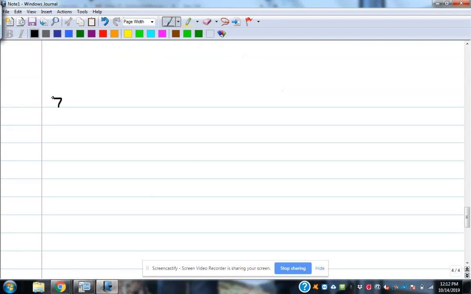Number 7. 4x squared minus 8x plus 6 is equal to 3. Right.